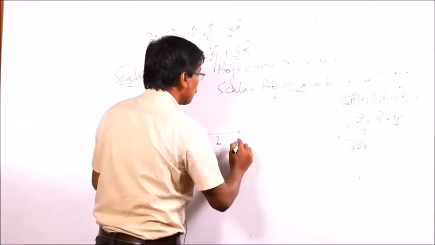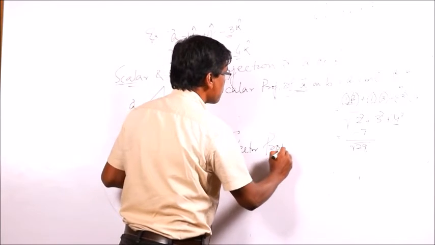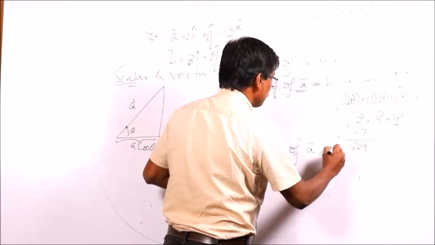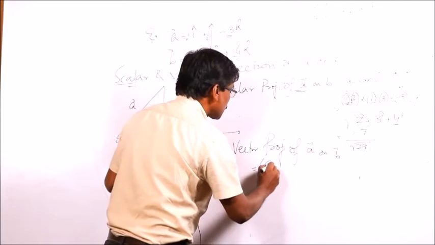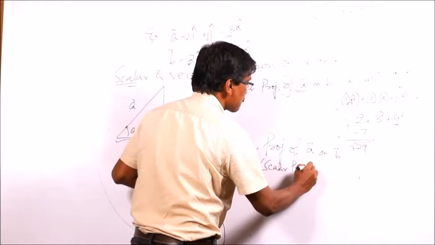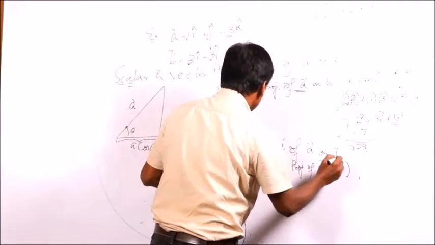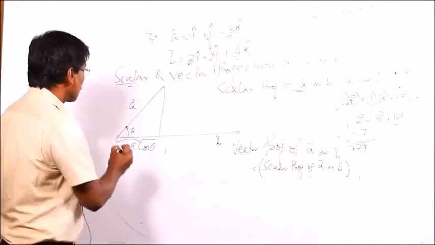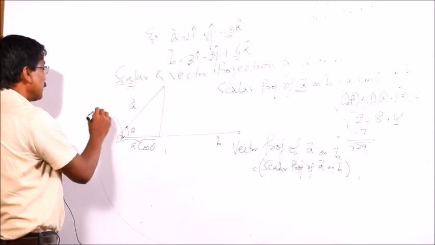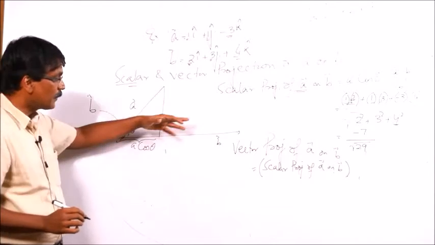Next we have the vector projection of A vector on B vector. Which is nothing but the scalar projection of A vector on B vector, along B vector. Along B vector we have a unit vector that is called B cap. B cap is a unit vector along B vector.